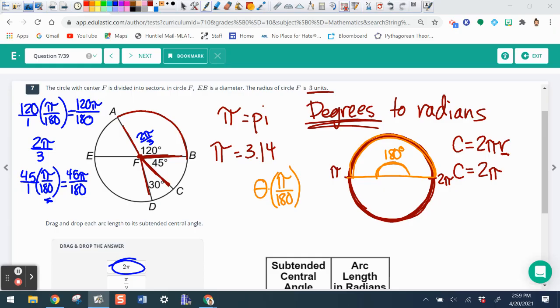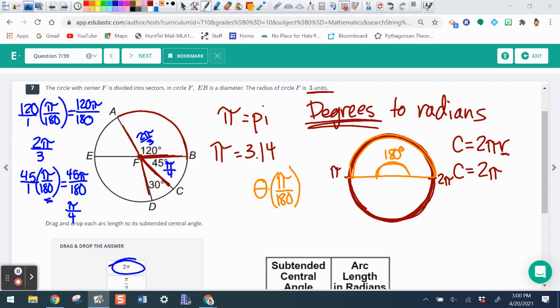And I actually believe it is 45. So we're going to divide top and bottom by 45. When we divide the top by 45, we get 1. So we'll get 1 pi, which we could just write pi. And 180 divided by 45, we get 4. So 45 degrees in radians is pi over 4.